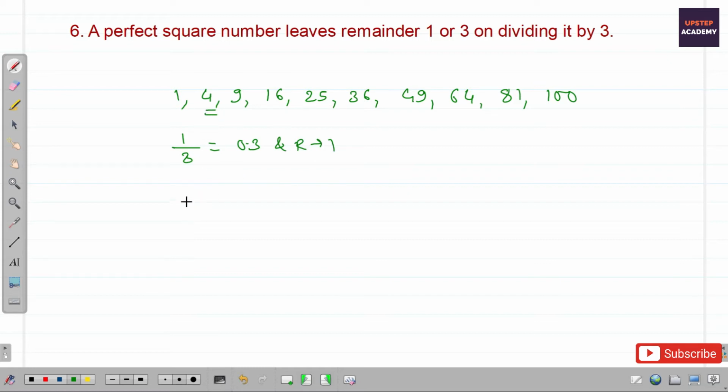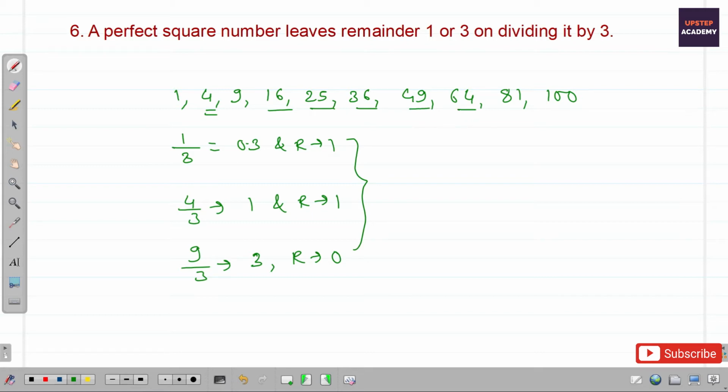If we divide 4 by 3, the quotient is 1 and the remainder is 1. If we take 9, the quotient is 3 and the remainder is 0. Similarly, if we divide 16, 25, 36, 49, 64, 81 and 100 by 3, the remainder will always be 0 or 1. So that is the sixth property of square numbers.